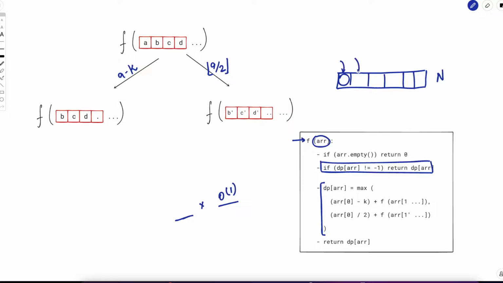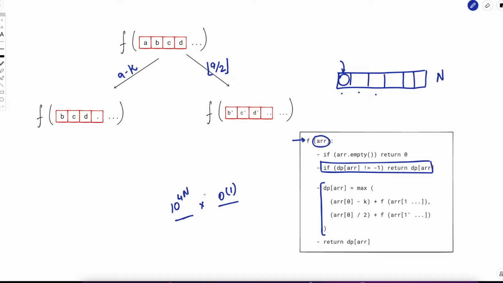This can be anywhere between 0 and 10 to the power 4, this can be anywhere between 0 and 10 to the power 4, and similarly others as well. So 10 to the power 4 multiplied by 10 to the power 4 multiplied by 10 to the power 4, and so on. So 10 to the power 4 will be multiplied n number of times, which is 10 to the power 4 power n, which is nothing but 10 power 4n.